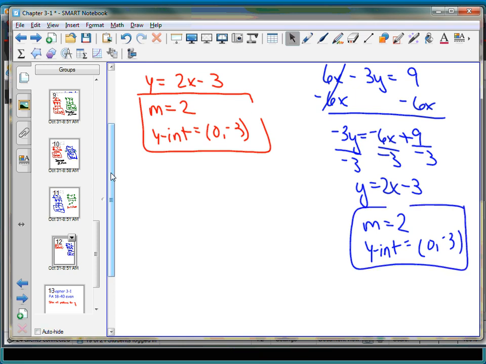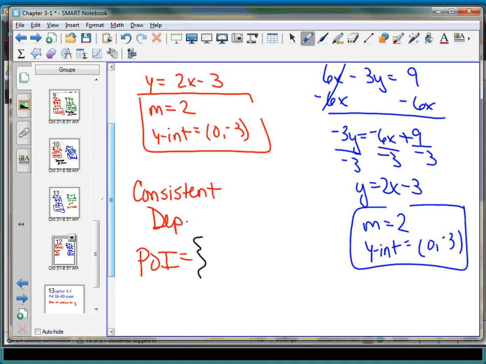Are my slopes the same or different? Same. Are my y-intercepts the same or different? The same. So what does that tell you? They are consistent and it's dependent. And what's my point of intersection? Remember it's the really long one?